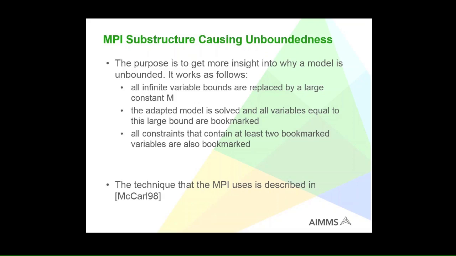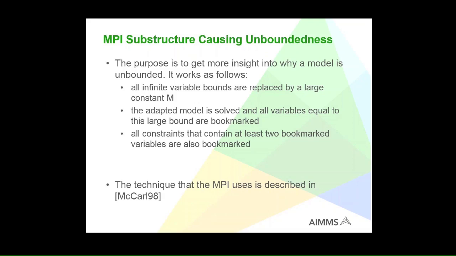That basically works as follows. The Math Program Inspector will add a large M to all infinite bounds, either inf or minus inf, which means at this point your problem will become fully bounded.